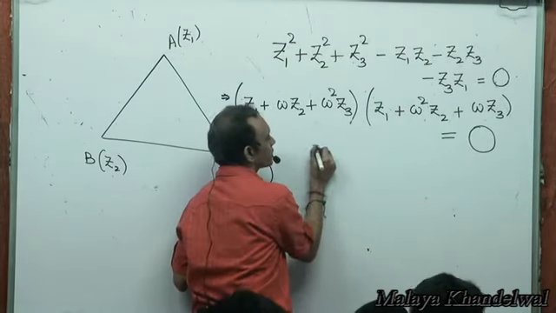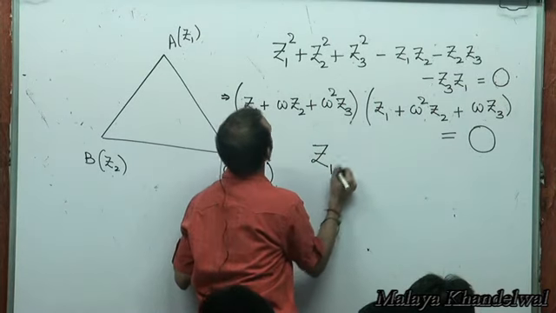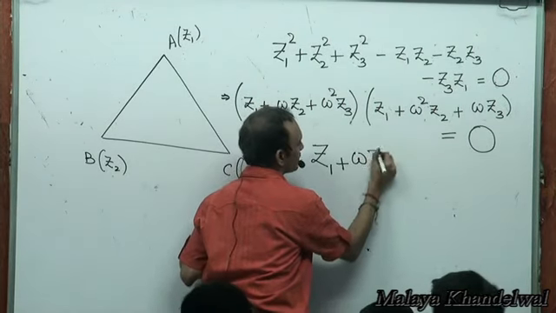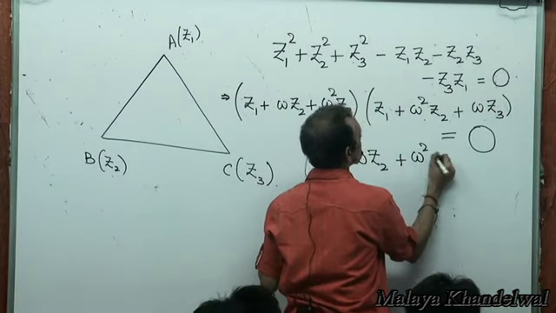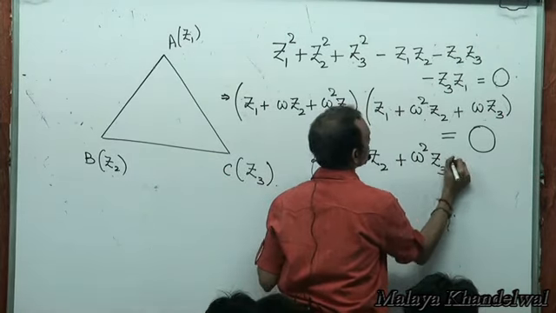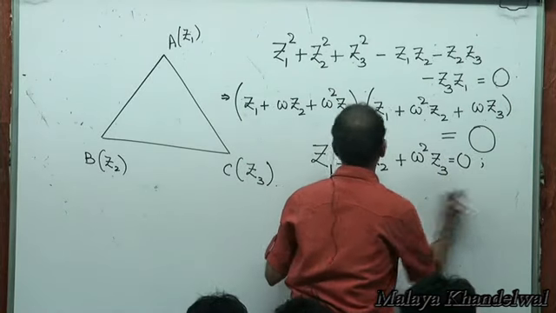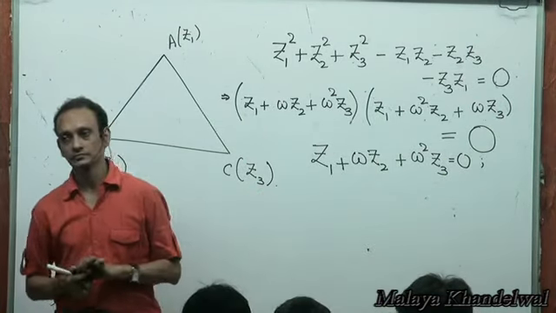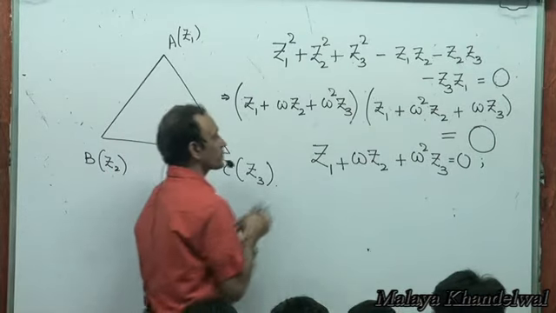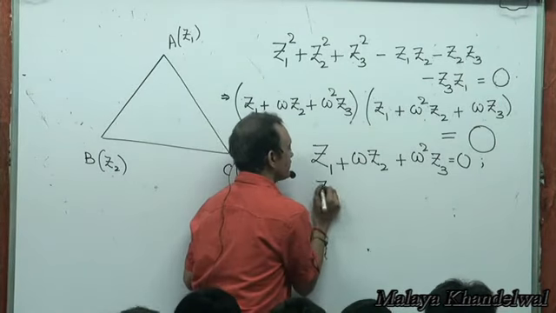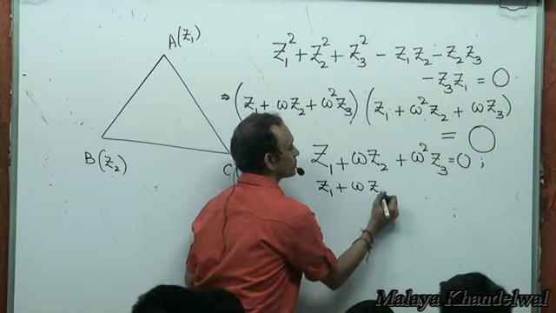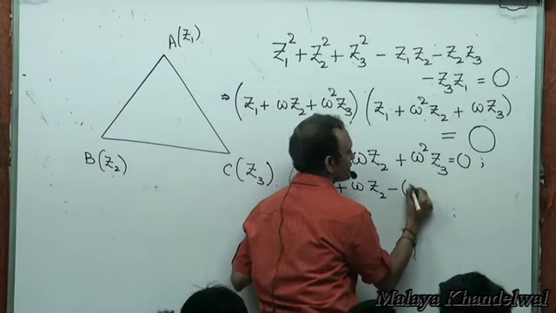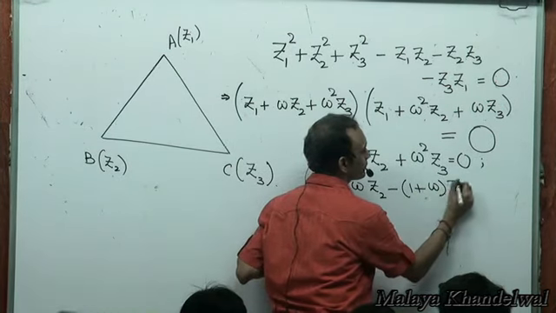Say z1 plus omega z2 plus omega squared z3 is 0. Which means z1 plus omega z2, omega squared I could have written as minus of 1 plus omega, isn't it?